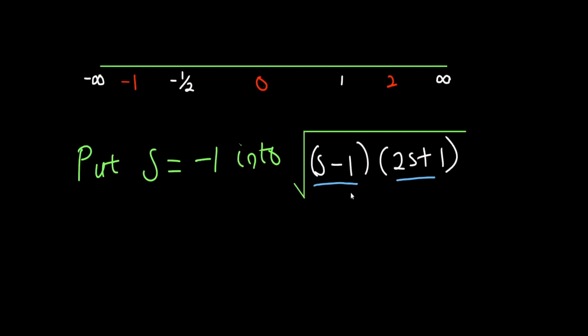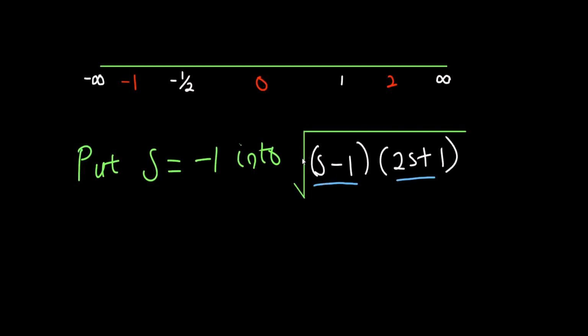Remember, this is the same thing as 2s squared minus s minus 1, but don't forget that we factorized that expression. So we are going to put s equals to minus 1 into this expression. Wherever we have s, we are going to put minus 1 to see if it is valid or invalid.